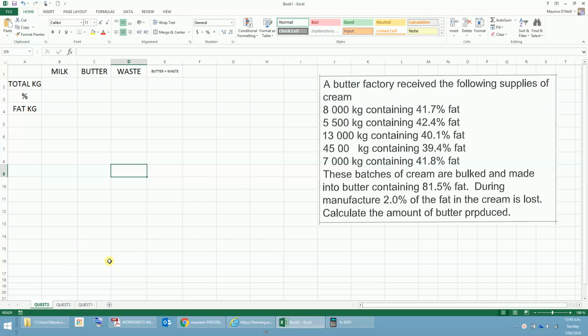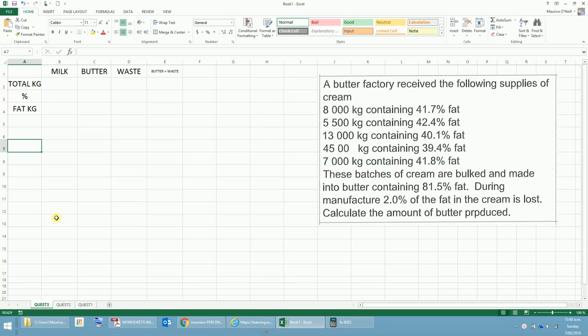Hello, Mario! In this video, we're going to be looking at a slightly more complicated program or process or calculation where we've got a number of different quantities at different fat contents and we've got to put them all together. Now, this sort of thing lends itself very well to a spreadsheet.